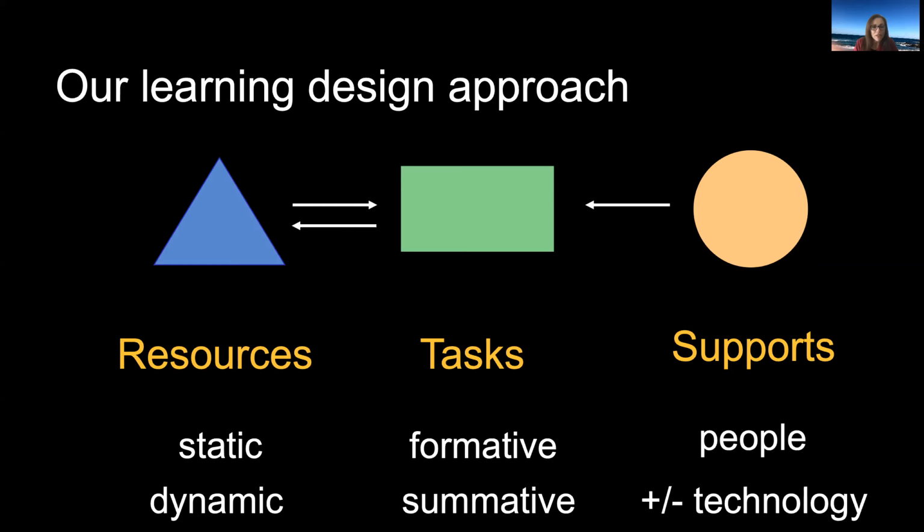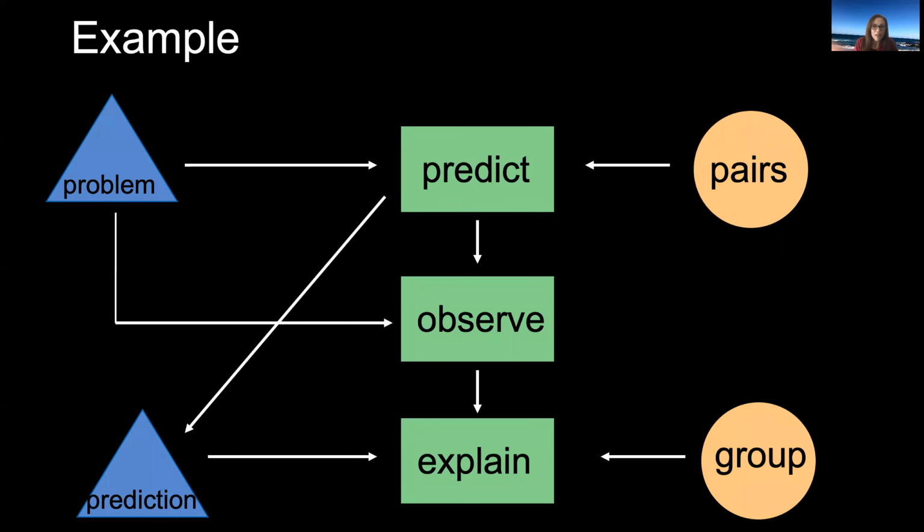And on the right-hand side are the supports. So these are the types of supports that the teacher plans to include to help the students achieve those tasks, and they include how the teacher is going to be involved and what technology tools can be used.